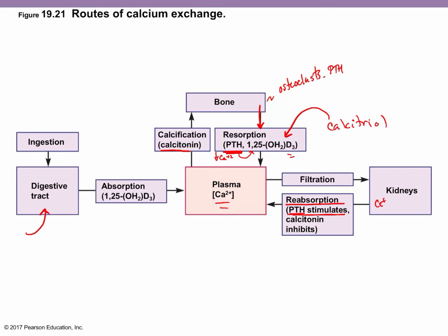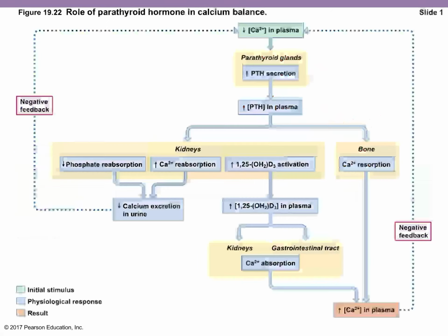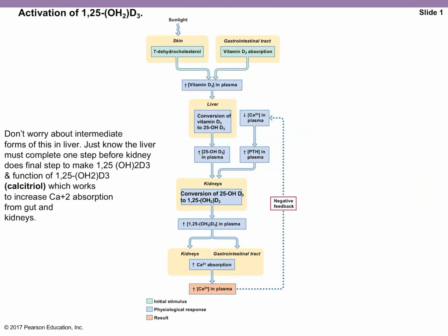So let's look here. We can get D3 from our foods. That's why it has digestive tract here. We absorb this D3, and it has to go to the kidneys, I'm sorry, the kidneys to get activated.